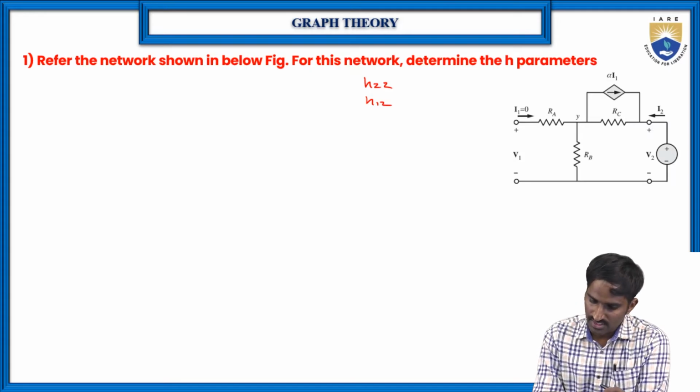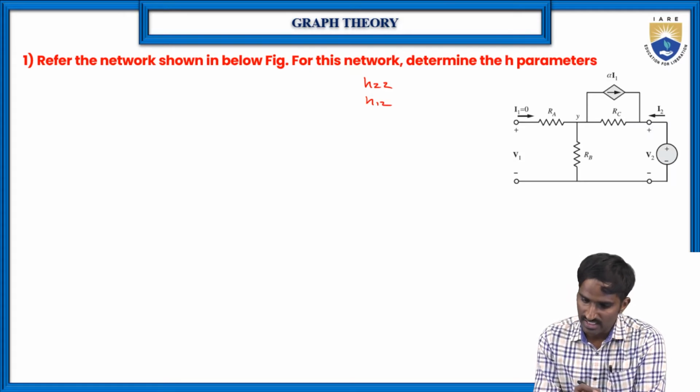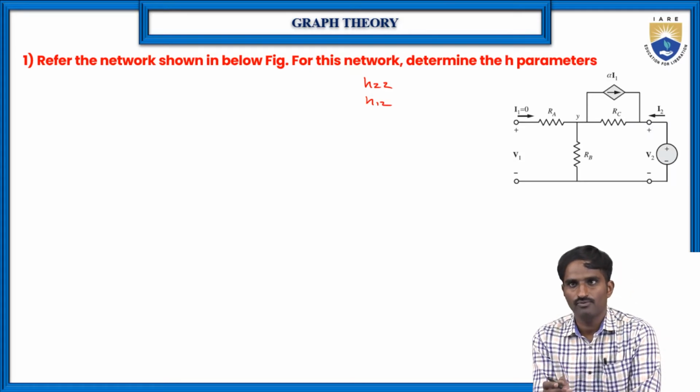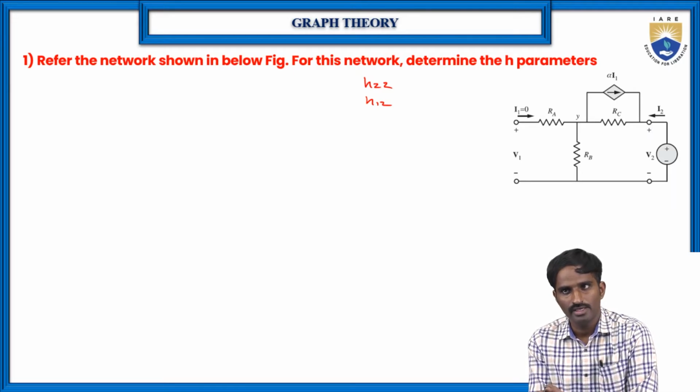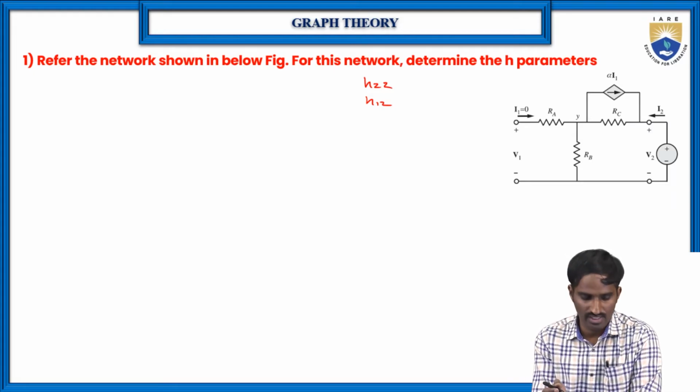For that, the same way, let me apply the KCL at node Y. Of course, I1 is equal to 0, which is the current flowing through the RA, and RB is there. Let us consider the voltage V1 here and V2 here.